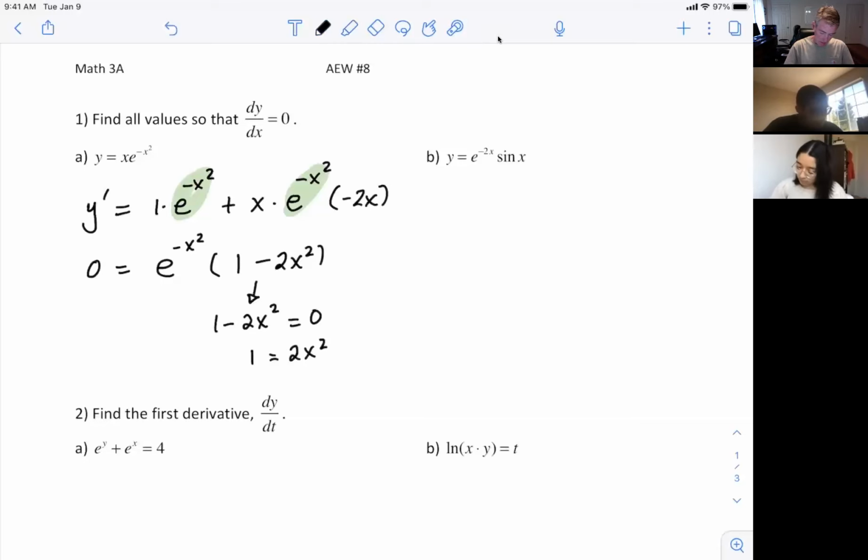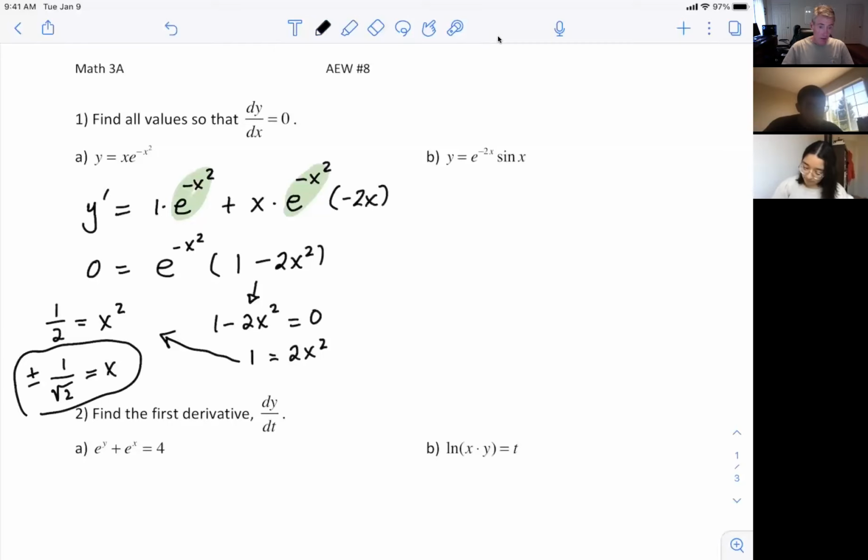And then I'll need to finish it over here. So you could divide both sides by 2. And then take the square root. So the square root of 1 will just be 1. And on the bottom, the square root of 2 is the square root of 2.